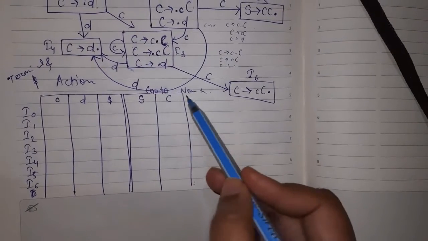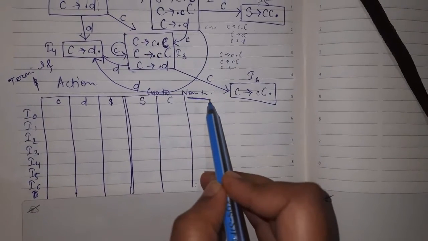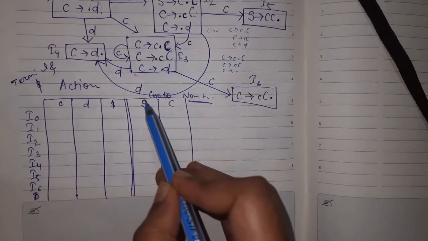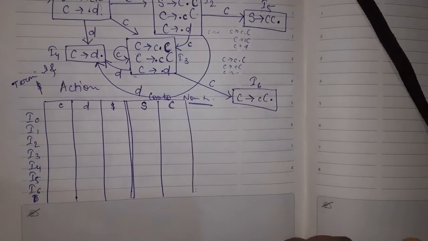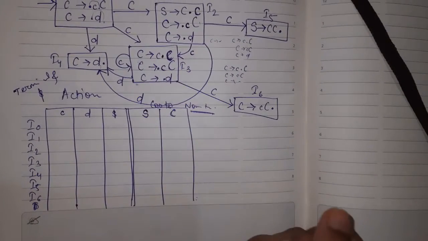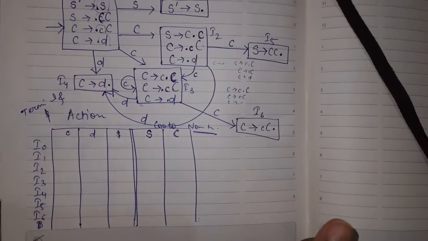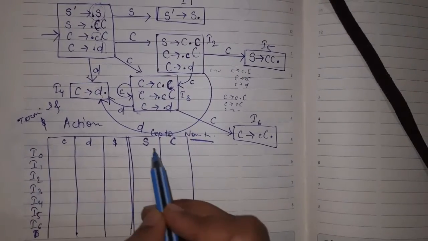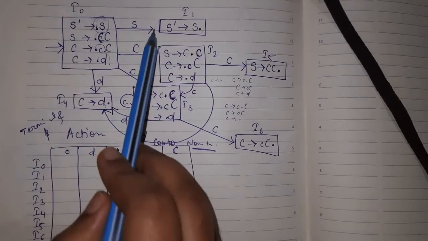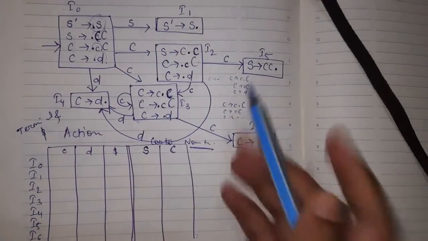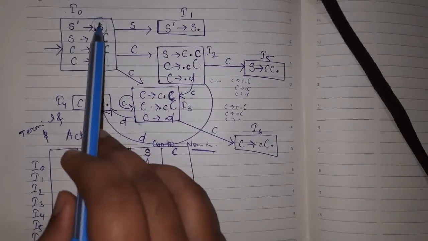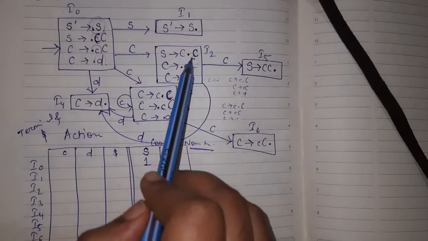Now for go to, for non-terminals, we need to observe each non-terminal and see their transition. Like for I0, for transition S and C: for I0 on S it is going to I1, means 1, and on C it is going to I2.